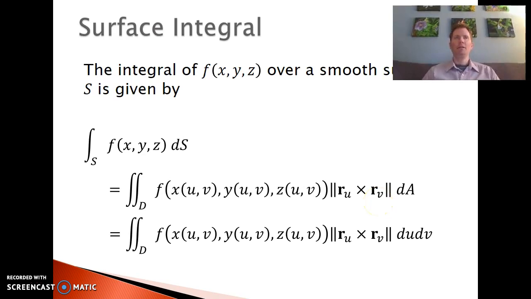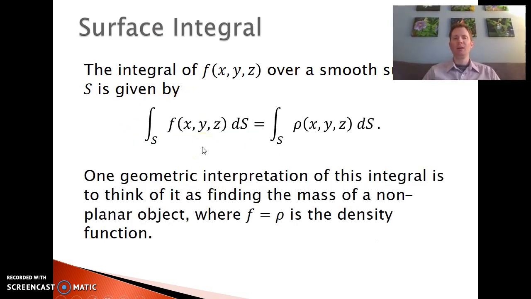Now, something that's a little more difficult to understand in this case is what it is geometrically that we're actually doing when we do a surface integral of a function. One potential explanation is that we're calculating mass. If you think of f as a density function, we'll use rho, so instead of f, we have rho of x, y, z.